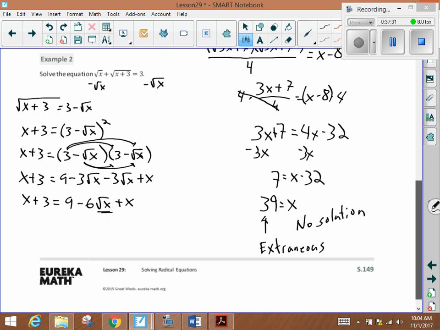Okay. So I'll subtract 9 from both sides, and go ahead and subtract x from both sides at the same time. And I can do that because all of my like terms have been combined. All right, so that's going to give me negative 6 equals straight up.